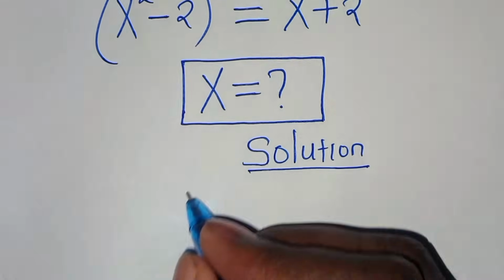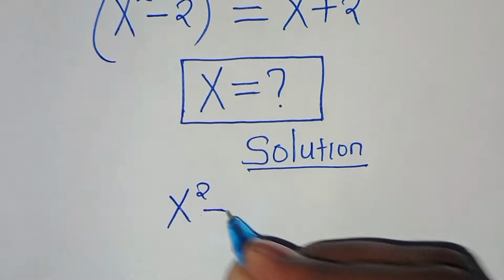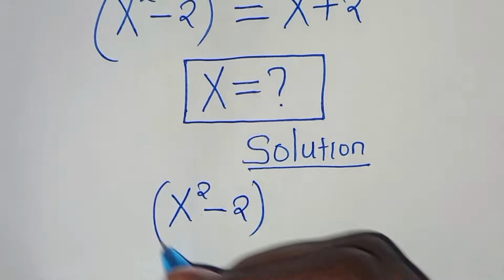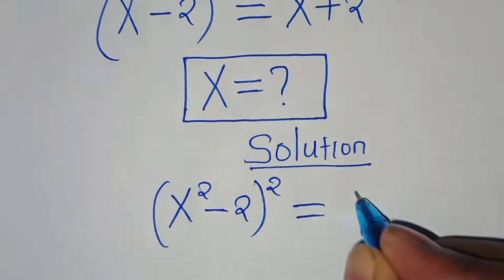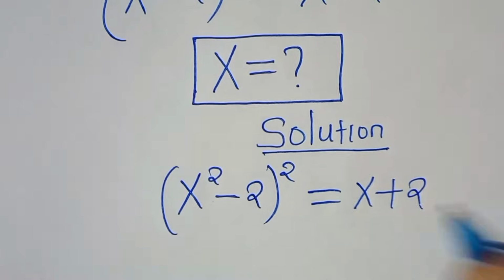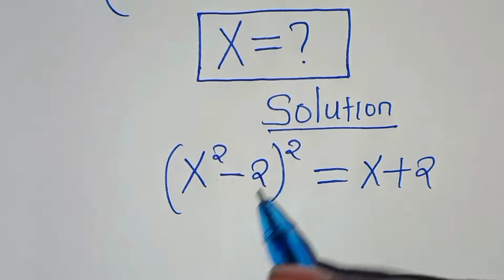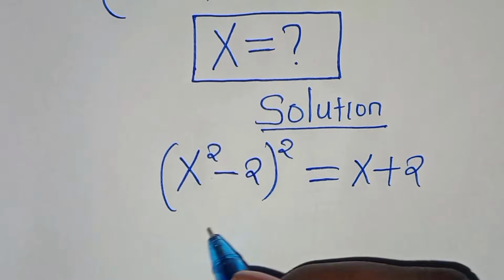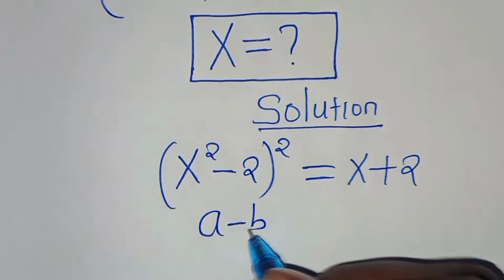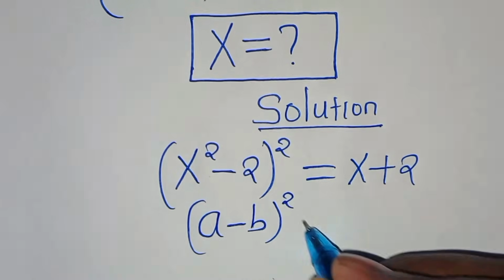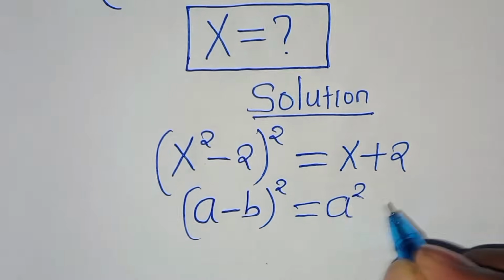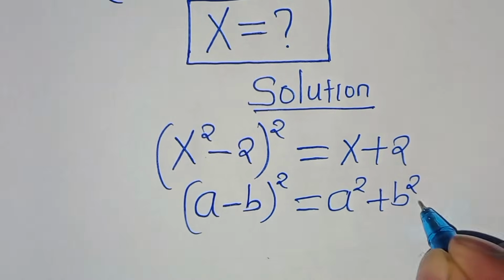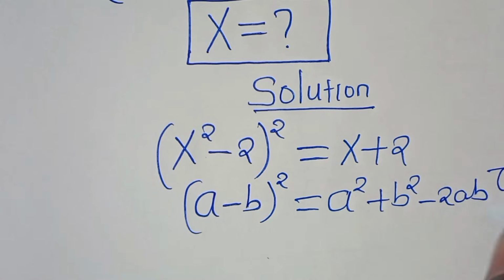So this is (x² − 2)² = x + 2. We have that (x² − 2)² is in the form of (a − b)², which can be expressed as a² + b² − 2ab.